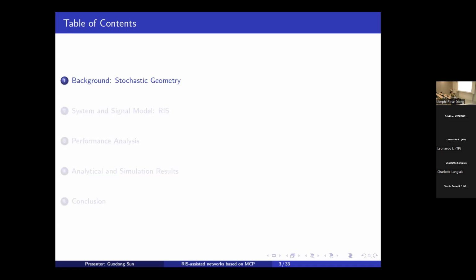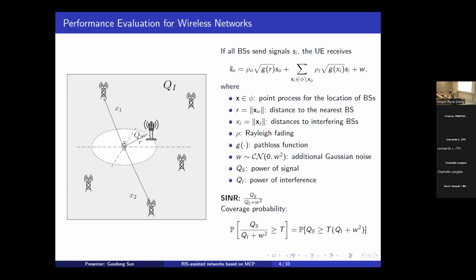So here we go. How to analyze a network, in particular a cellular network? A cellular network is subject to a lot of randomness: the layout of nodes and the location of users. So imagine you are a user walking around, and you don't know where all the base stations are. They are randomly located.